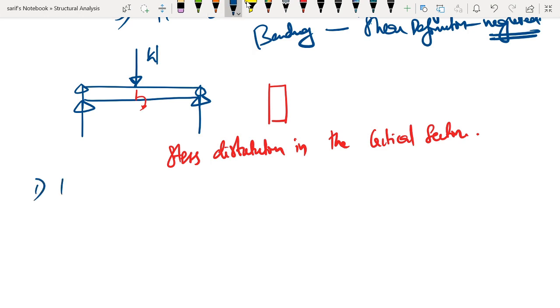Case number 1 is when the load applied is less than the working load. The stress distribution in the cross section will be like this. And the stresses at the extreme fibers will be less than the allowable stress.